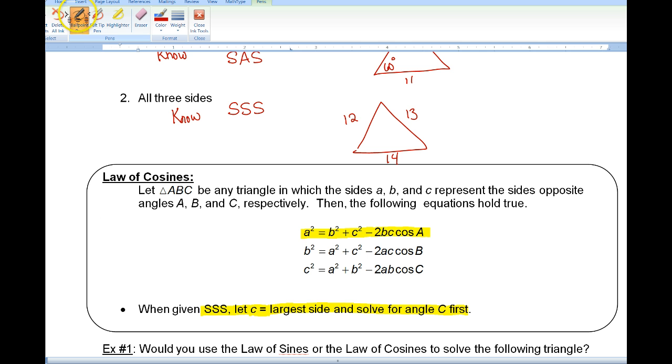But let me give you an example. Let's say this angle is 50, this side is 10, and this is 8.